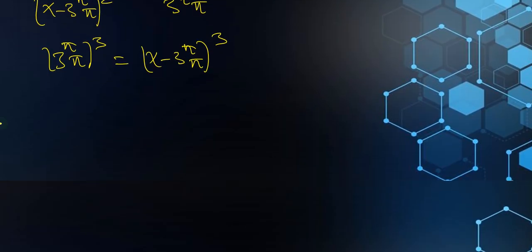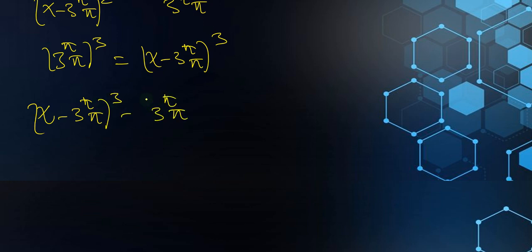So from here I'm going to send this one to that side, and then I'm going to have x minus 3 to the pi times pi to the power of 3, minus 3 to the pi times pi, all to the power of 3, equals 0. And now this is the difference of cubes.